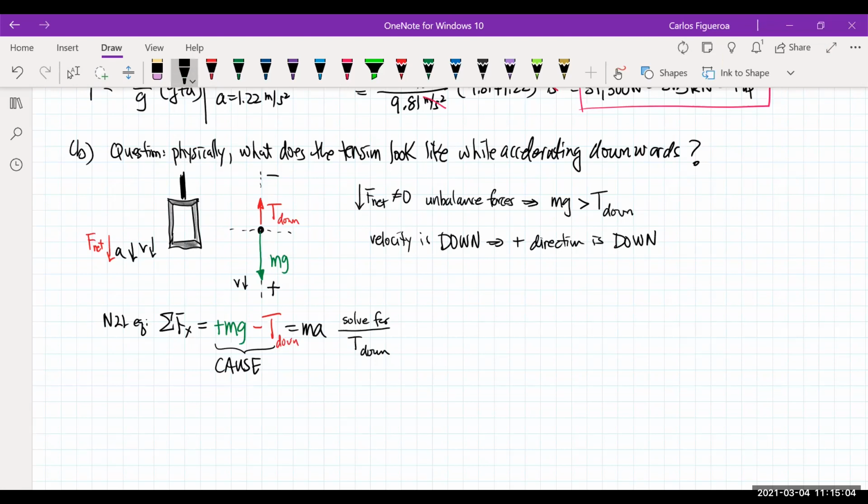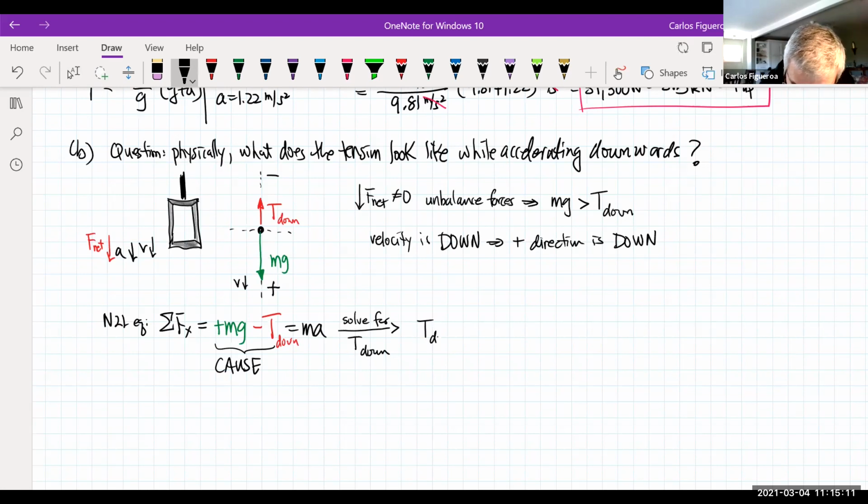So now if I do that, you can see that I'm just going to do a little bit of algebra. It tells me that T down is going to be mg minus ma. Or again, I'm going to subtract the mass value out. I now have the tension here.